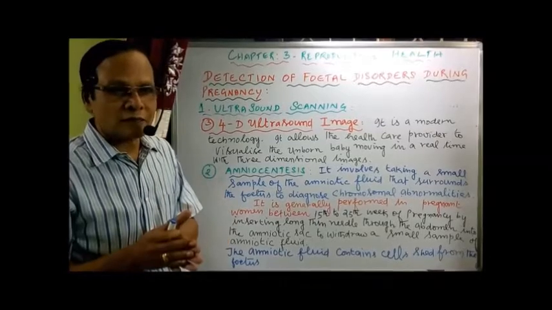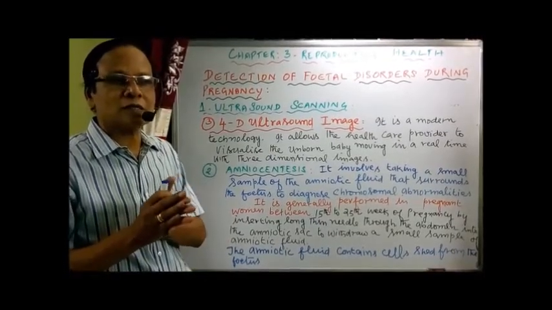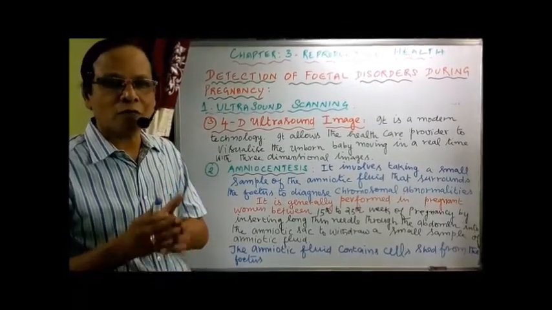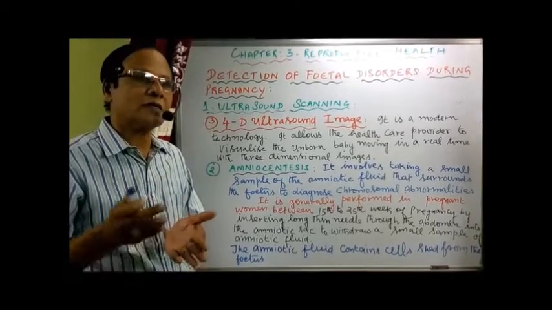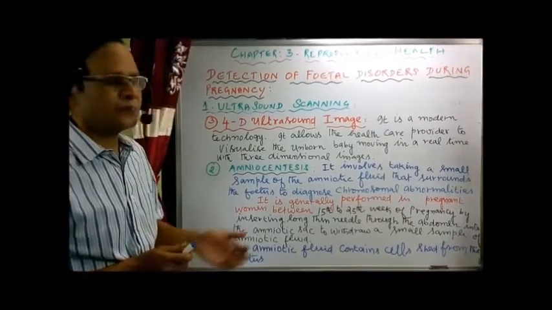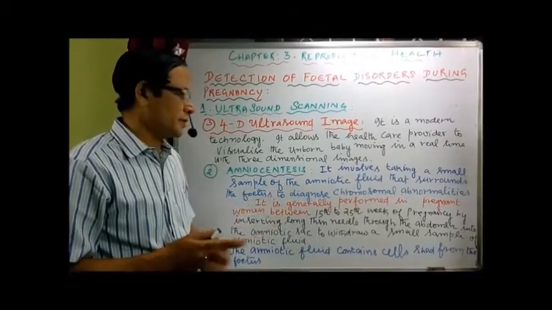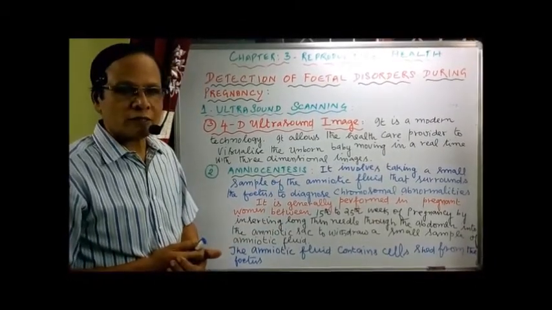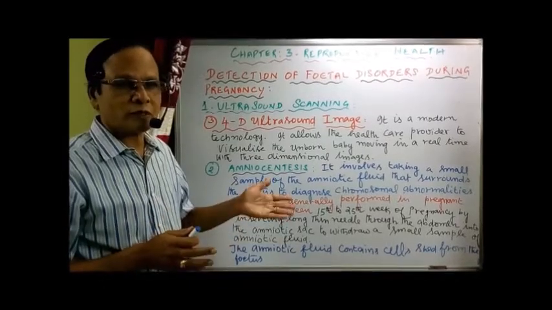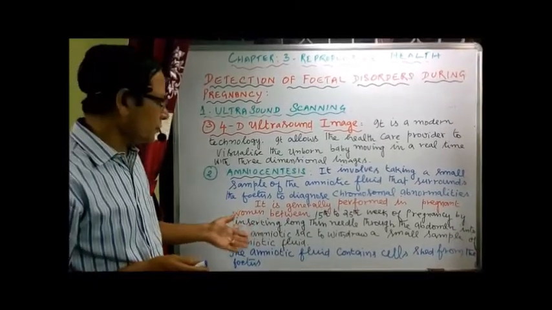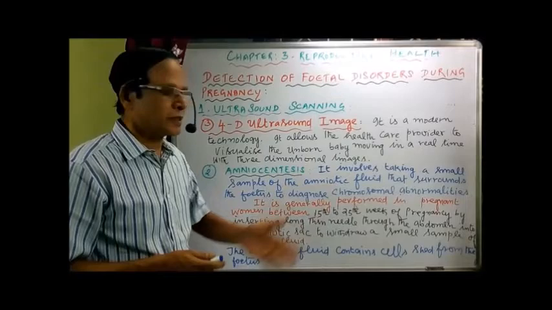The results are then analyzed to diagnose whether there are any chromosomal abnormalities like Down syndrome, Edwards syndrome or any other syndrome. This procedure is normally done between the 15th and 25th week of pregnancy.